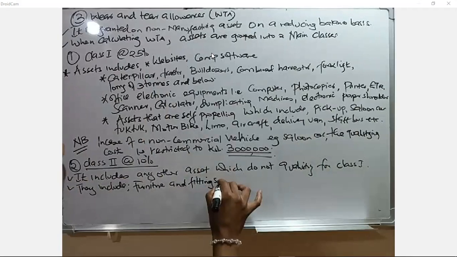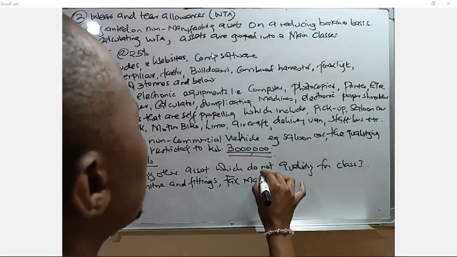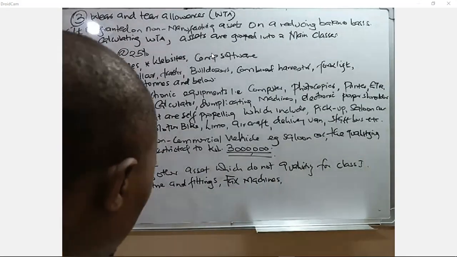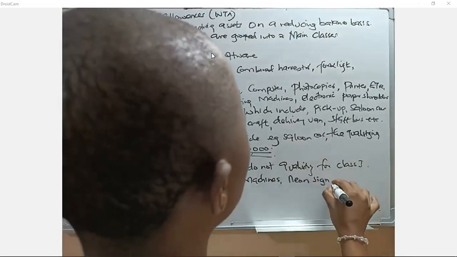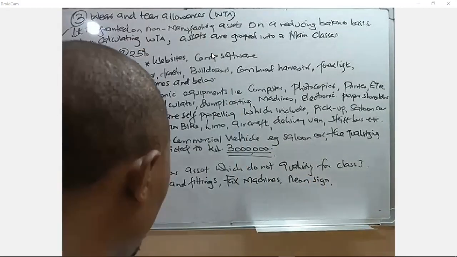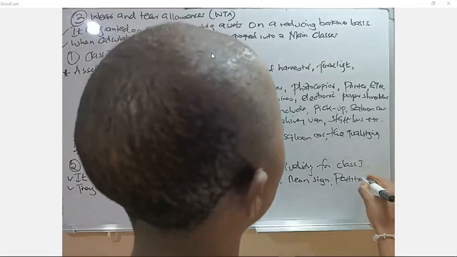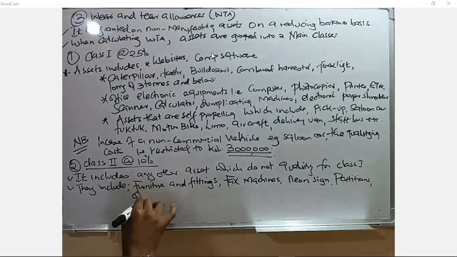The other ones which normally qualify here: we have fax machines. We normally have neon signs. We normally have partitions. We normally have office carpets.